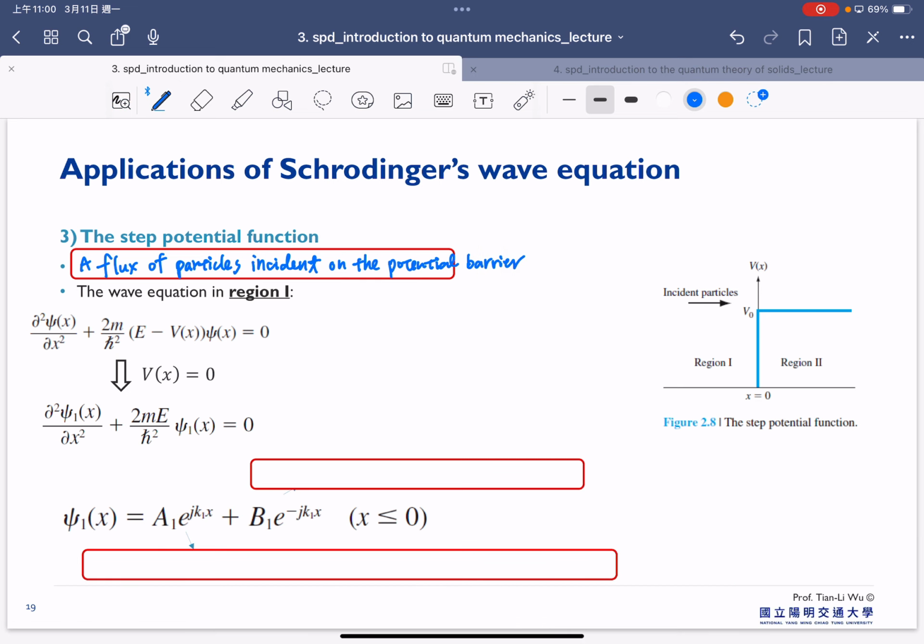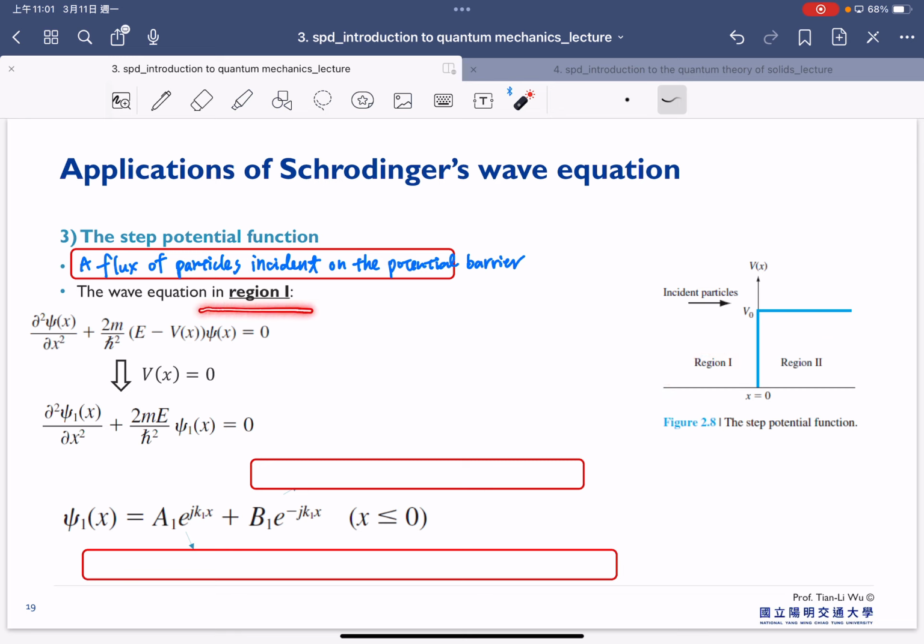So that's the case where there are incident particles toward the potential barrier here. And so in here we have two regions. One is region 1 and another is region 2.